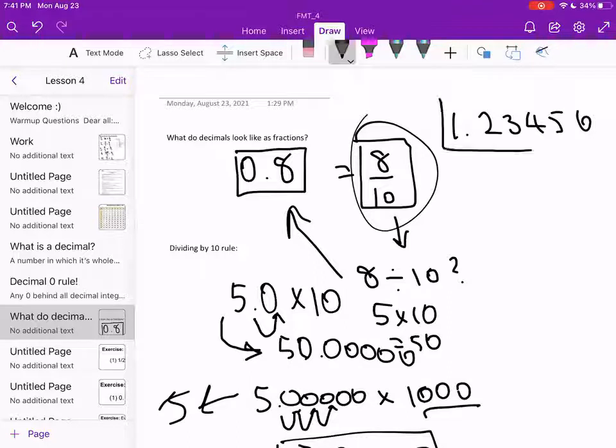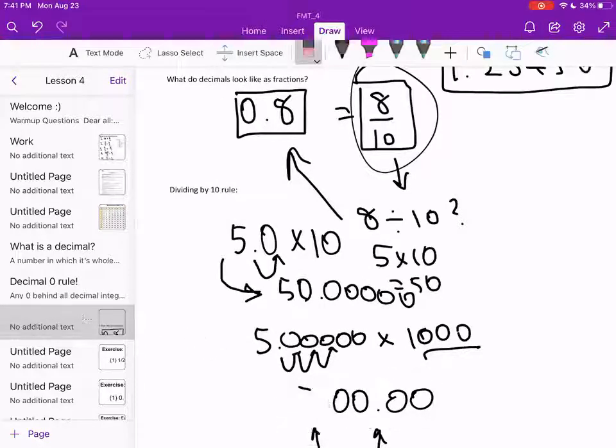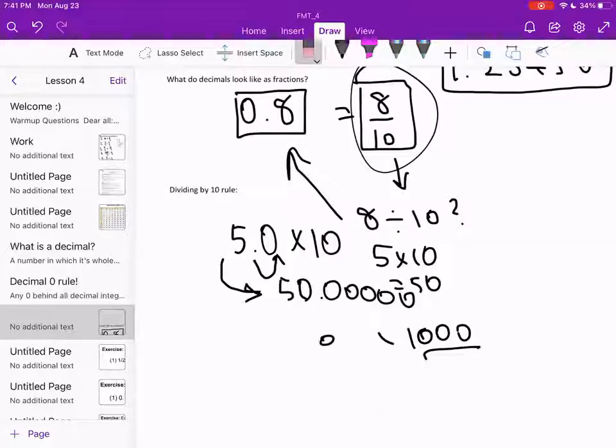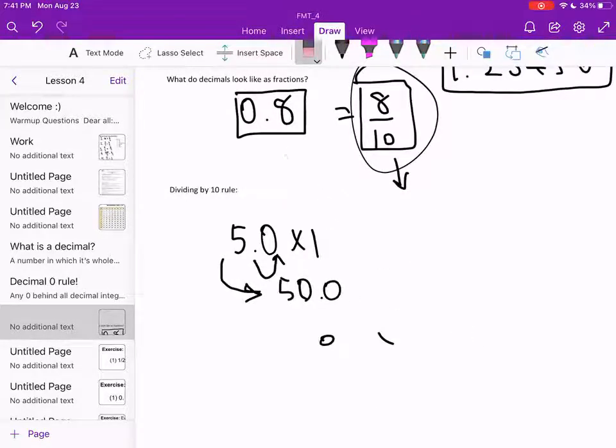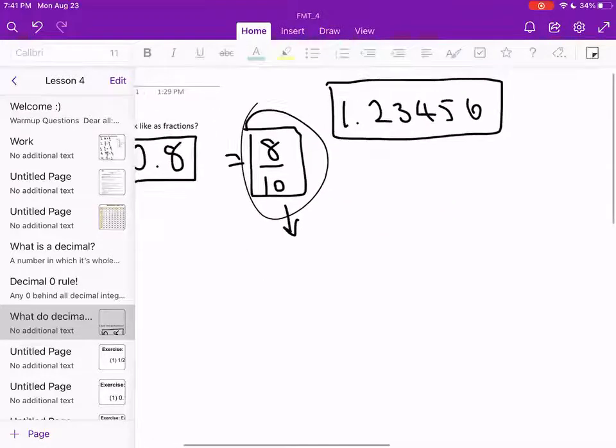There's a really specific way that teachers might teach you to say this. I'm going to be very unprofessional and just say 1.23456 because in the future it doesn't matter too much. The only thing you really need to understand is the names of each place value. So if you guys could write this down in your notes, it'll be really beneficial to you. But that's all up to you, of course.